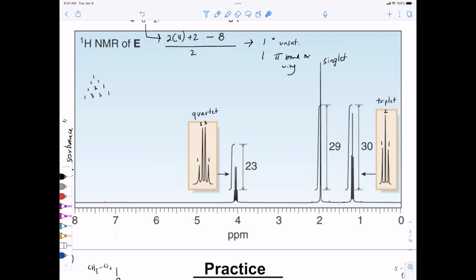Now, I don't know at this point whether that means that there are 2 protons here, 3 protons represented by this peak, 3 protons represented by this peak, or whether it could be 4 to 6 to 6, or 8 to, whatever. I don't know any of that yet. I just know the ratio between peaks. And that can help me assign which peaks are generated by which protons in my molecule.